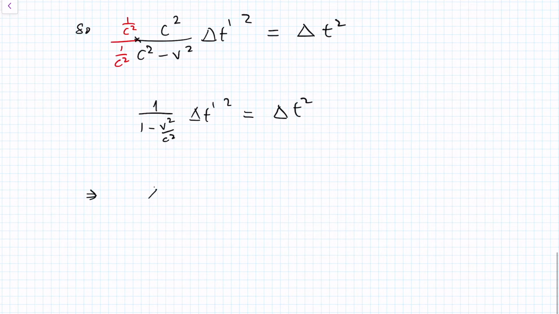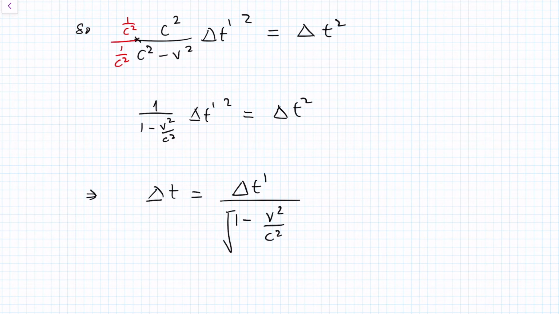So that implies, if you take the square root of both sides, Δt is equal to Δt' divided by the square root of 1 minus v squared over c squared, right?